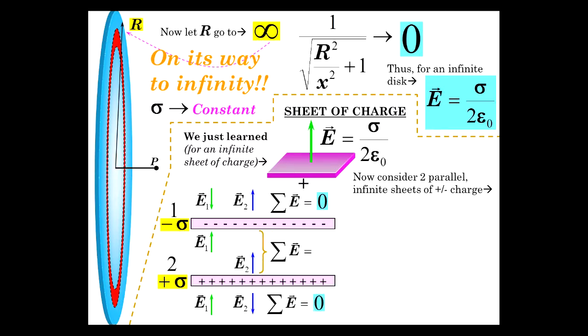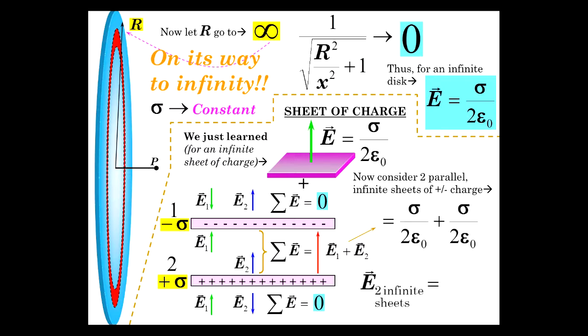But what happens in the middle? Well, the electric fields add to give a larger electric field. Now, that's sigma over 2 epsilon 0 twice, which gives us the electric field from 2 parallel infinite sheets of charge, which, by the way, is a capacitor, and that's sigma over epsilon 0. A marvelously simple result.